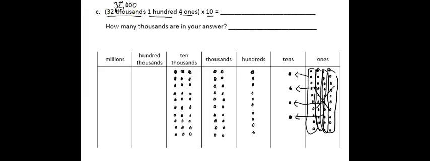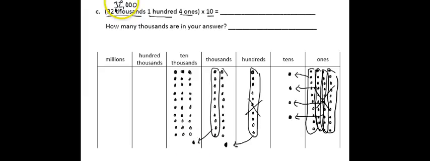Those are gone. Do the same thing with my hundreds. I have 10 hundreds, which is the same thing as 1,000. So I compose those. And in my thousands place, I have 10 thousands, which is the same thing as a group of 10,000. Do the same thing. I have 10 thousands. Compose that into a 10,000 disk.